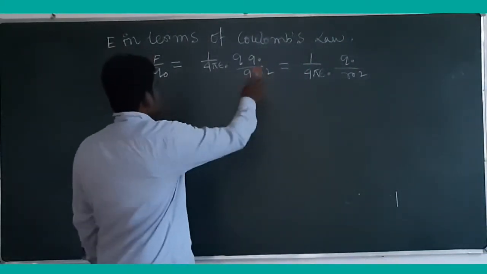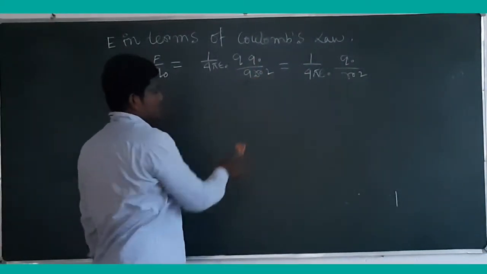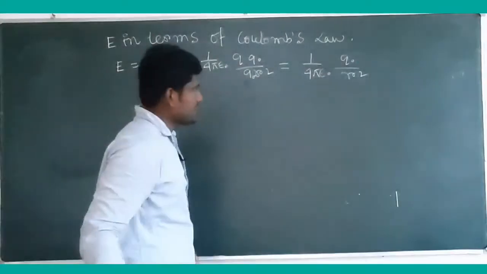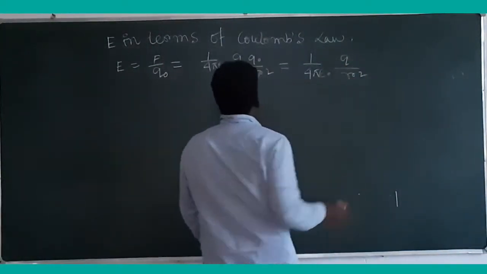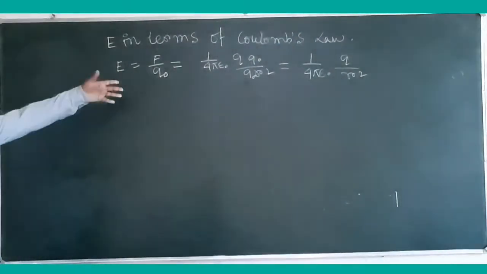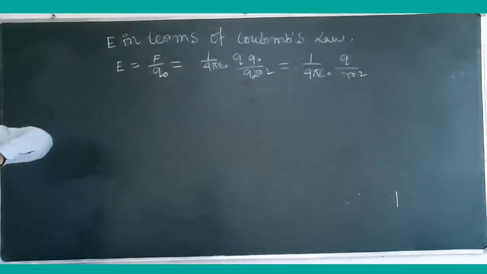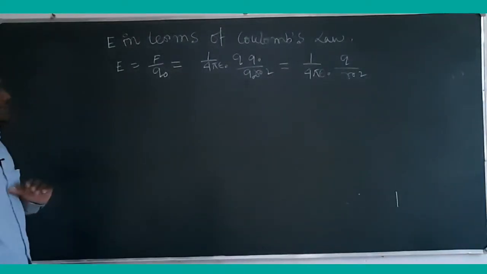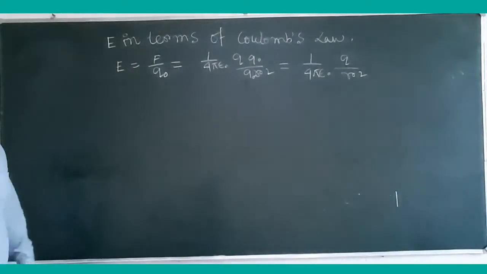So this is your Q0 and this is your Q. You can also put Q, but this is the standard form, okay, which is written in your textbook. So that was the expression of electric field.